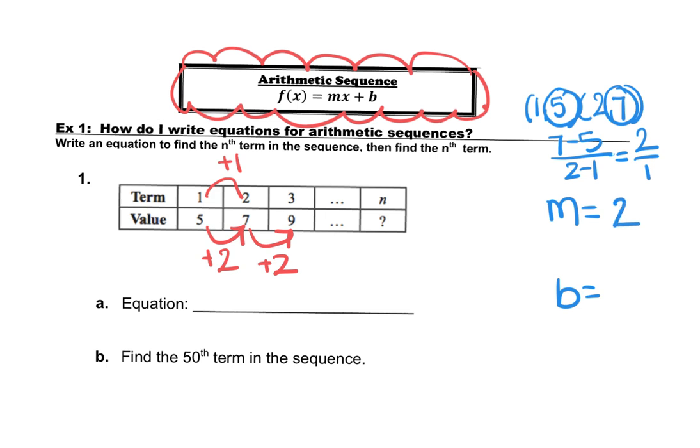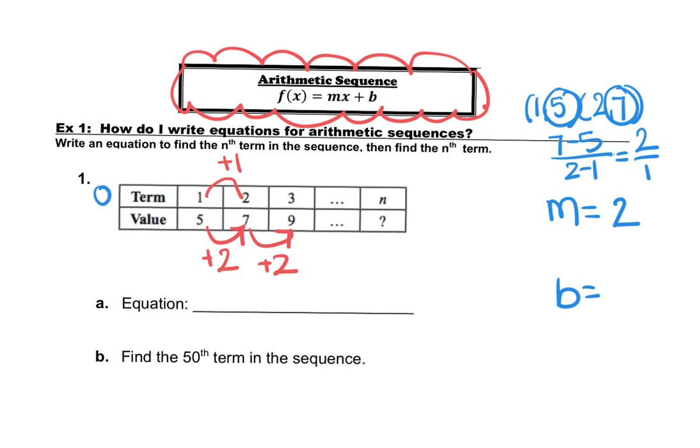Now remember the y-intercept, that is the starting point on the line, because x is equal to 0. Notice that I don't have a term 0. I just start at the 1. So we can back up and find the 0 term.